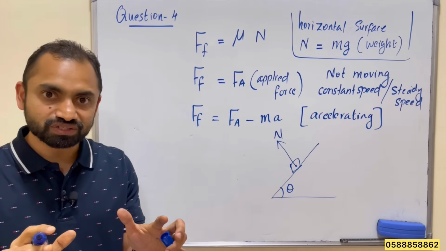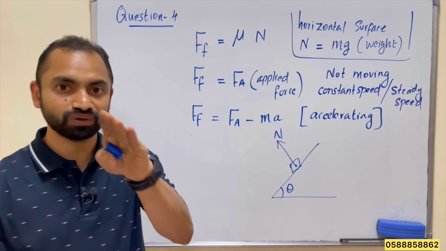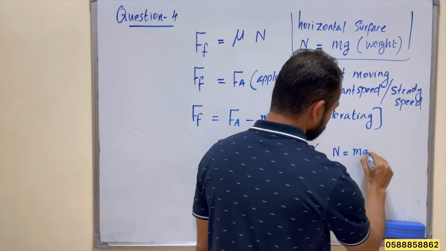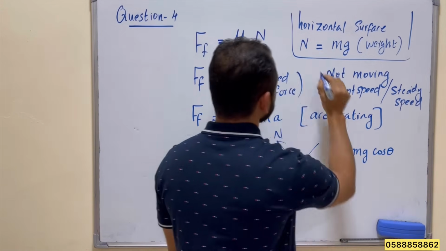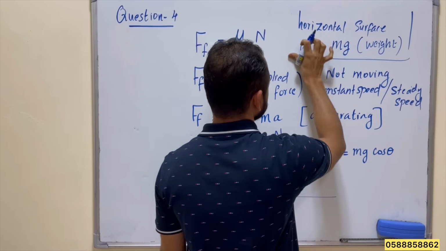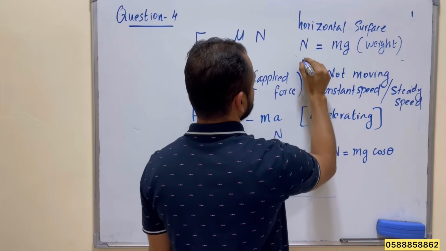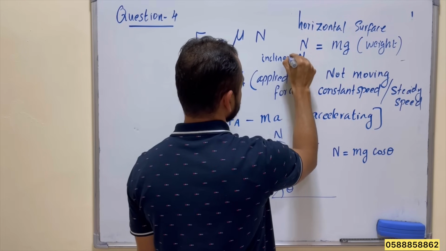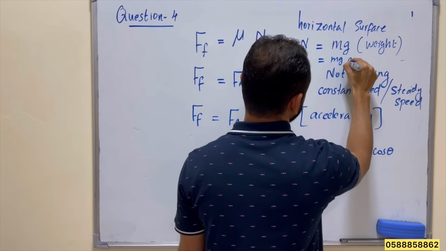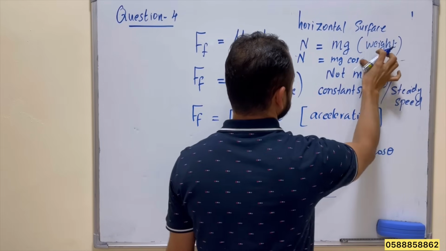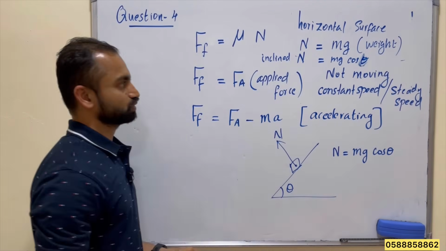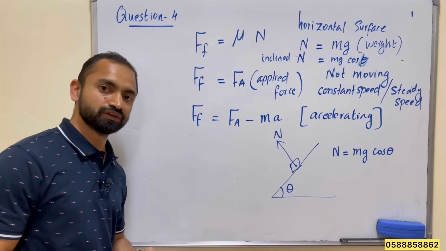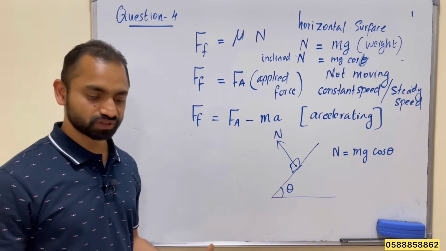So on an inclined surface, normal force is equal to mg cos theta. On a horizontal surface, normal force is equal to mg, and on an inclined surface, normal force is equal to mg cosine theta. So these are all the equations to calculate frictional force. Different equations we have to use according to the different context of the question.